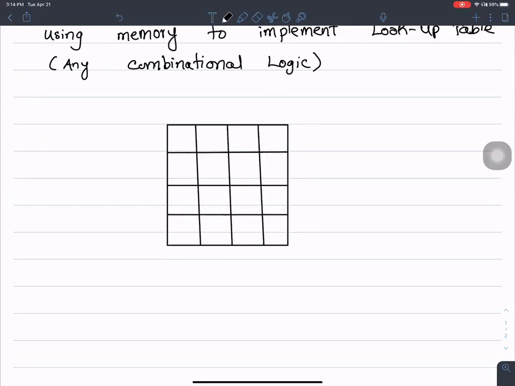Okay, a 4x4 memory. There are 4 rows, and I mentioned in the last class, the rows represent the address lines.